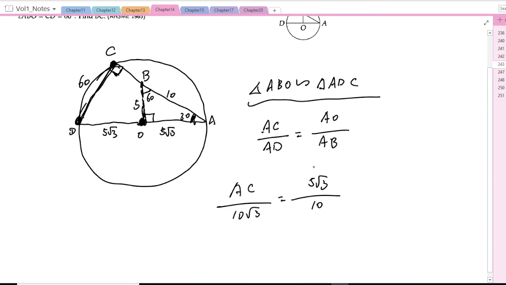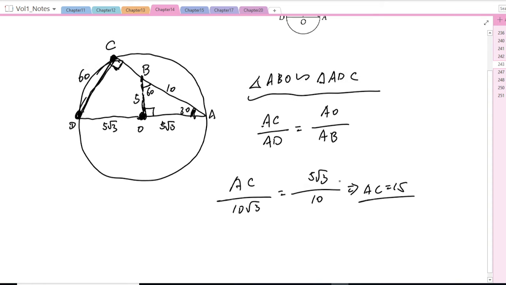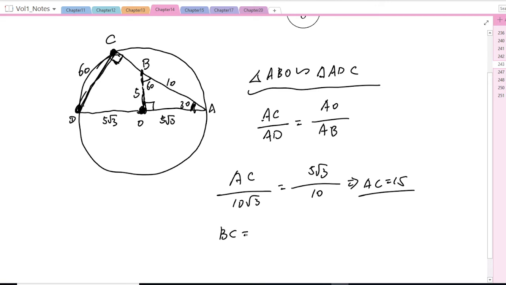AB is 10, right? So then we have AC is equal to 15. If AC is equal to 15, then BC is AC minus AB, which is equal to 5.